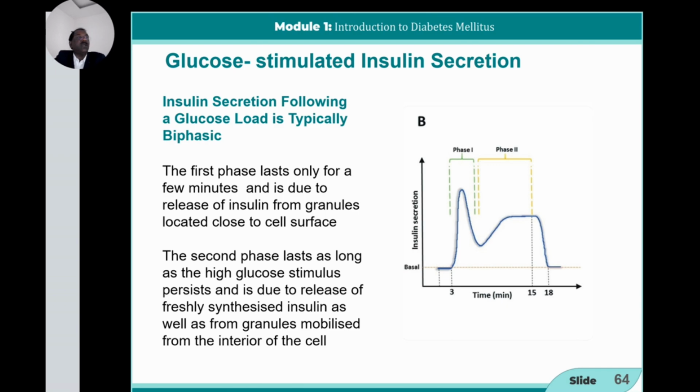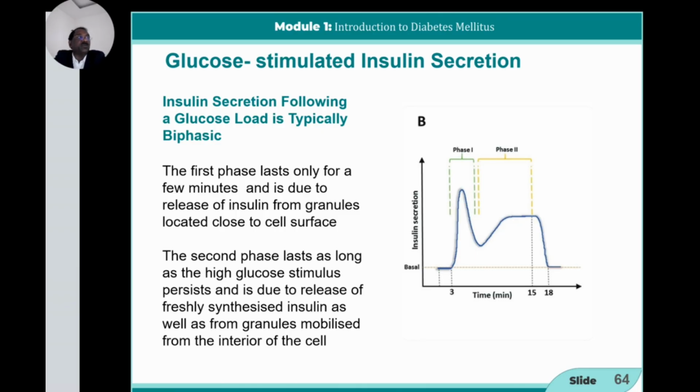Suppose you have phase 1 here. Which one is good or not? Phase 1. Insulin release is more. Suppose you have a good phase 1, so what will happen to your postprandial blood sugars? They come down. So what happens in type 2 diabetes? Is postprandial hyperglycemia there or not? Yes. Why? Because phase 1 of the insulin release is lost.